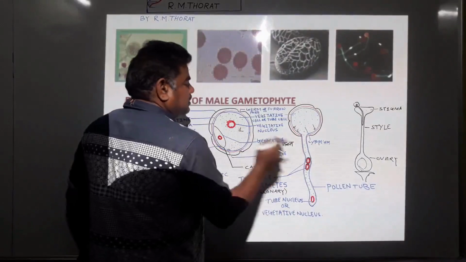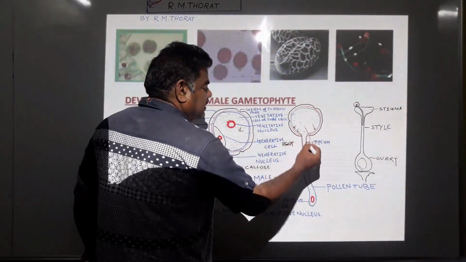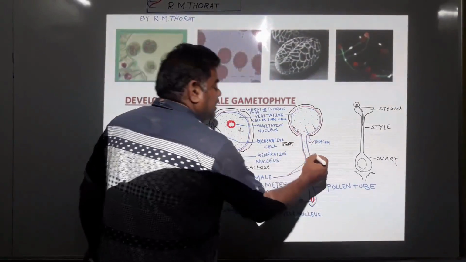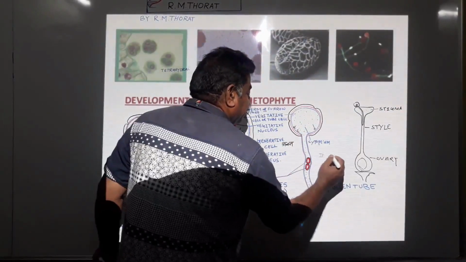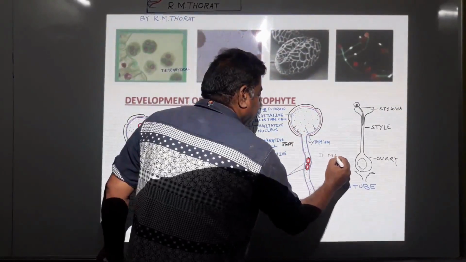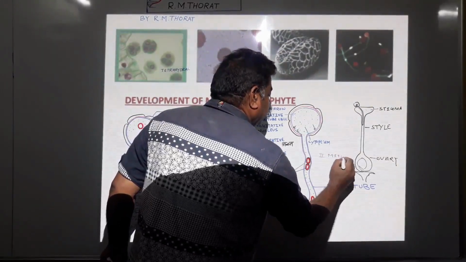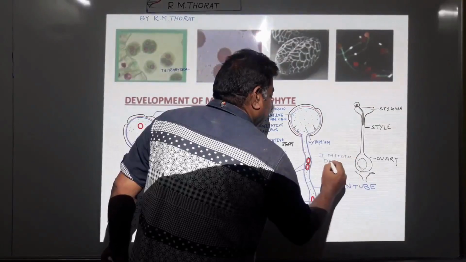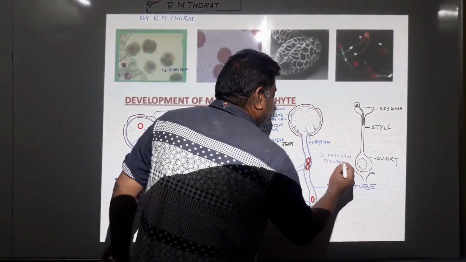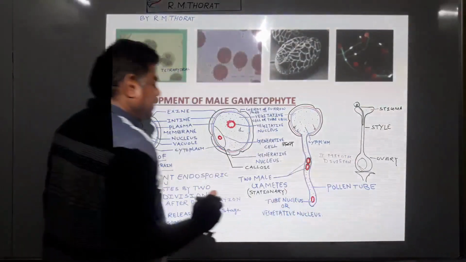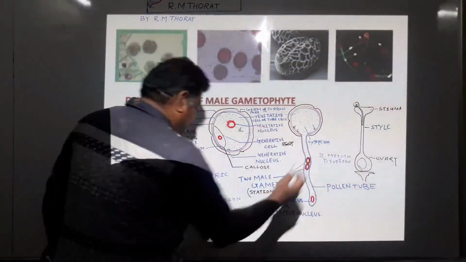Now this generative cell shifts into the pollen tube, and here the second mitotic division takes place. These events we call after-pollination events.